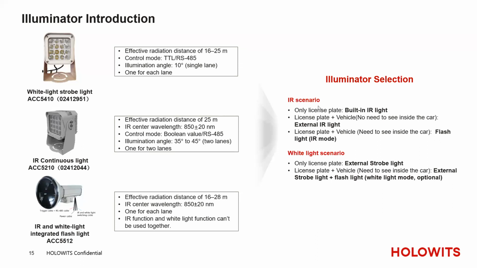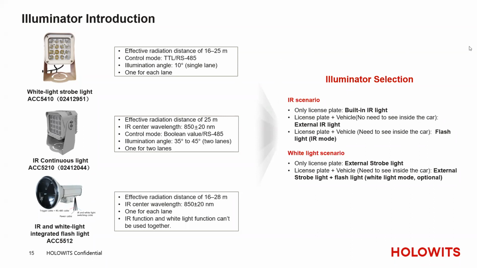So this is for the IR scenarios. For only the license plate, the built-in IR light is enough. If you want the license plate and the vehicle, with no need to see inside the car, we recommend the external IR light. If you want the license plate plus the vehicle and need to see inside the car, we recommend the flashlight IR mode. This is for the other modes before our full color camera was created.